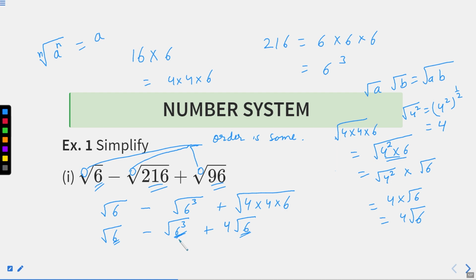Or you can see that I can add them because both have the same order and the same radicand. So here it is 1 times root 6, here 4 times root 6, it will be 5 times root 6 minus root of 6 cubed. Okay, clear? I hope this is clear.